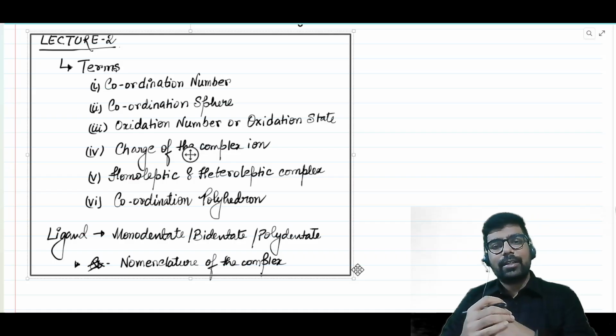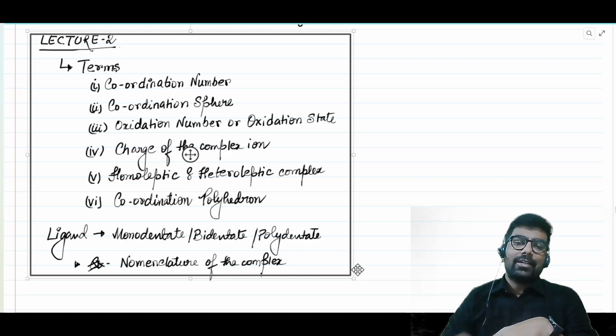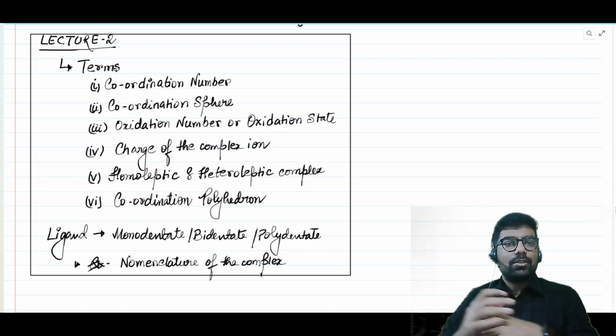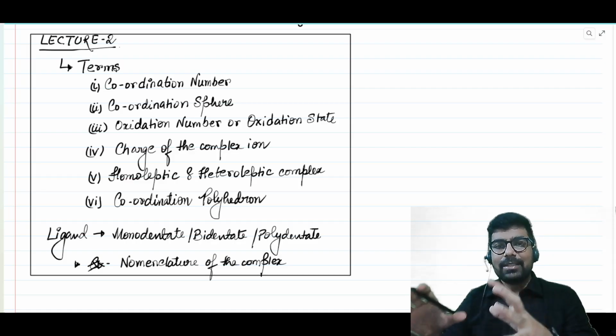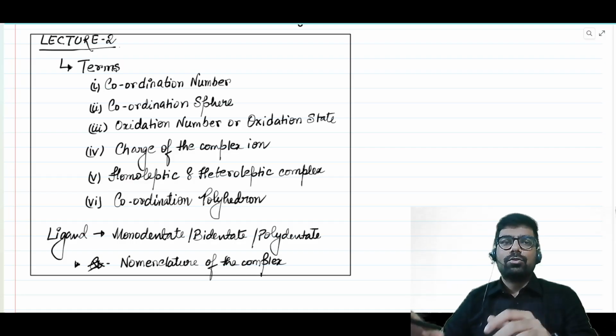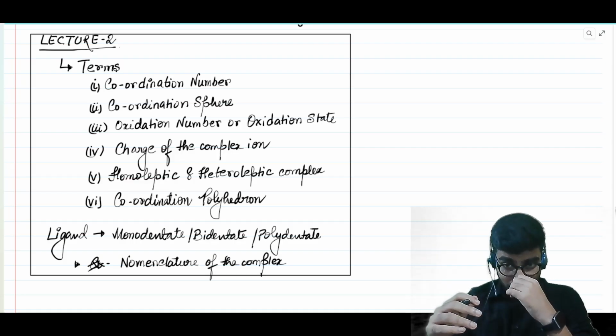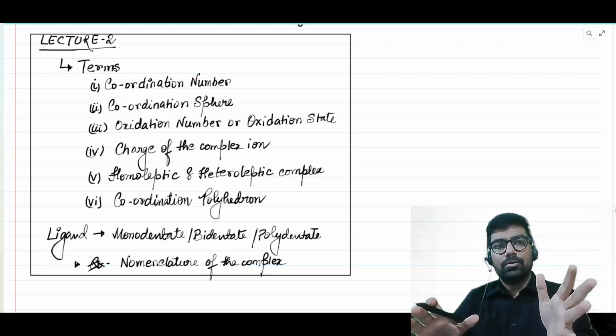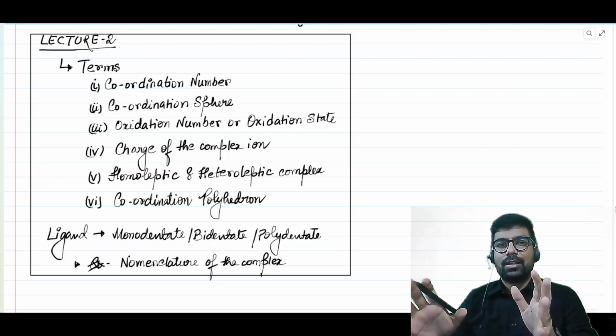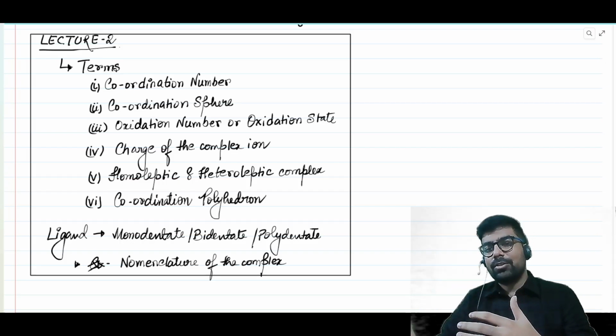and you will have a clear understanding of this. Remember, this class is very important in the sense that it will give you a complete understanding about the basic concept of this chapter. This class is basically the foundation stone for coordination complexes, right? If you pay attention to this class, all the basic concepts will be clear.